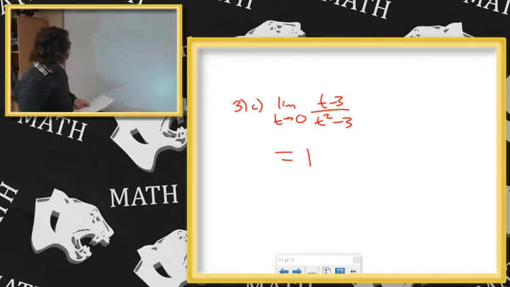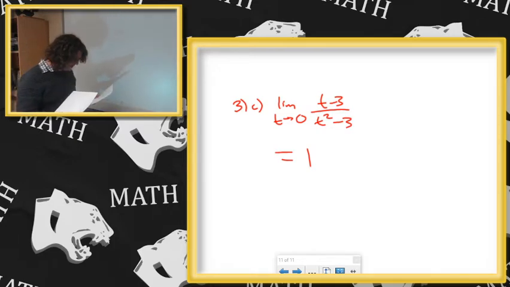So this thing is a continuous function at 0. And so you end up just getting nice normal values divided by each other at that particular point. So sometimes they pull that little trick as well.